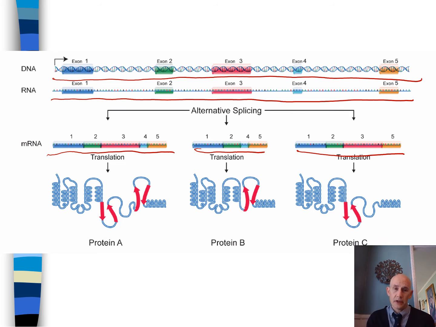So this goes against the one gene, one enzyme idea, the one gene, one protein idea, and even the one gene, one polypeptide idea. So now we can begin to see how the relatively few genes that we have, 20 to 30,000, can possibly express a far greater variety of proteins than we thought.